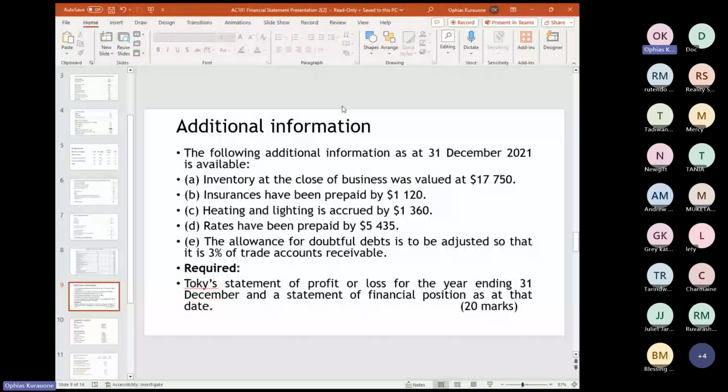Inventory at close of business is the closing inventory. Insurance has been prepaid by 1,120.